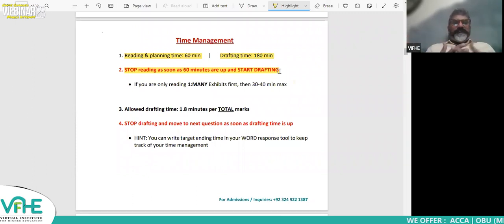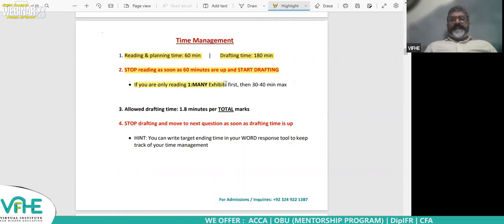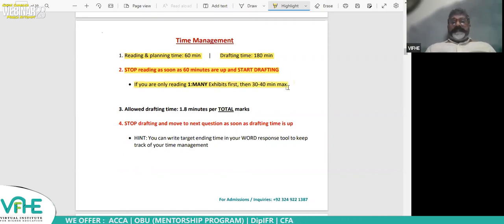So you don't need to spend the entire 60 minutes. If you are reading the 1:many exhibits first, then 30 to 40 minutes max is enough. You should be able to start your drafting within 30 to 40 minutes, depending on how many 1:many exhibits there are.